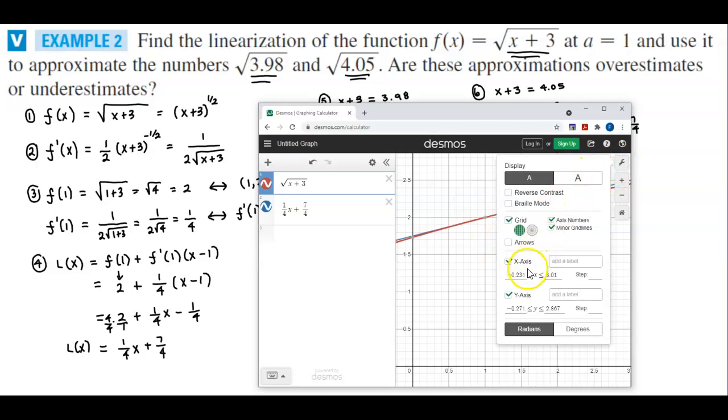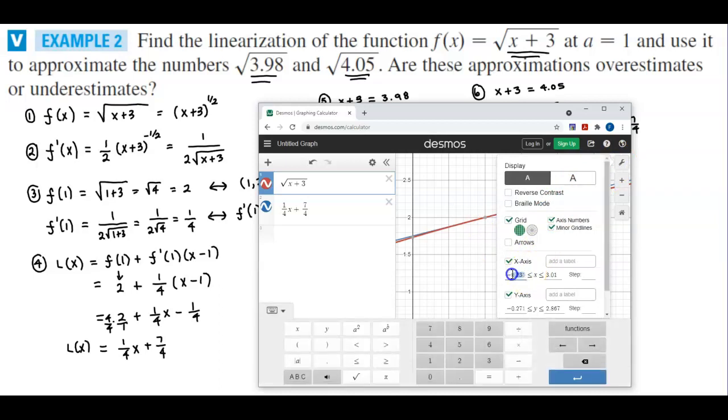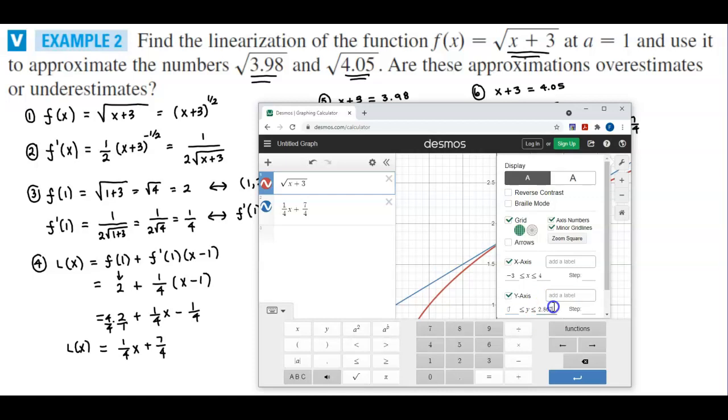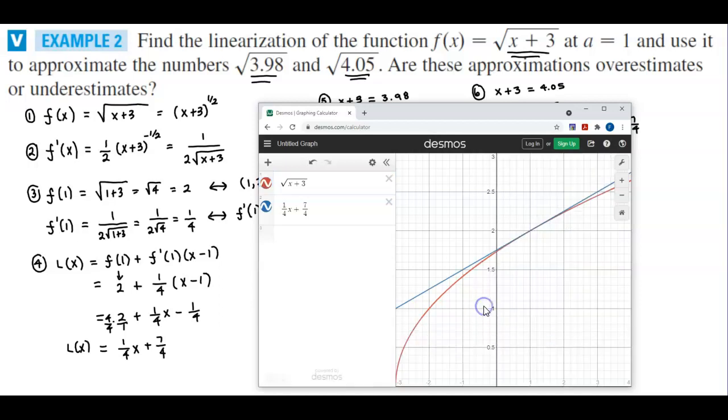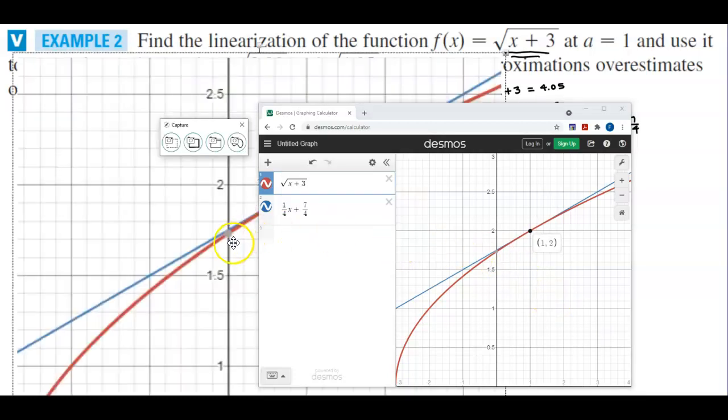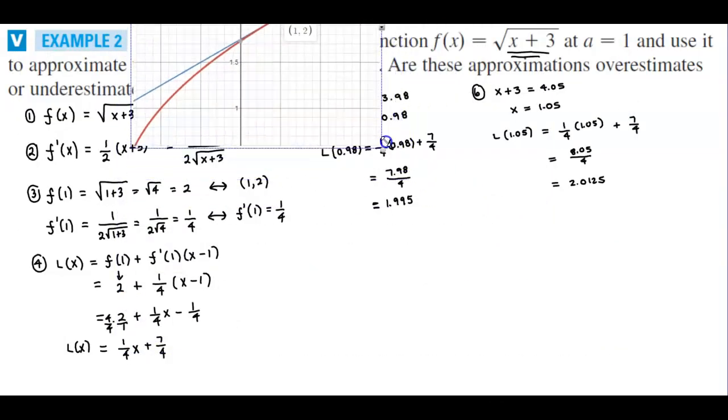Okay, let's see if we can get a closer look at this here. All right, so if we take a look at this graph, this can confirm our results.